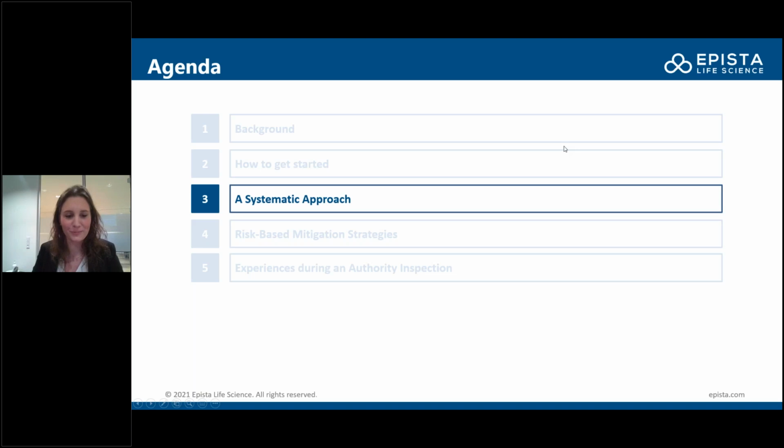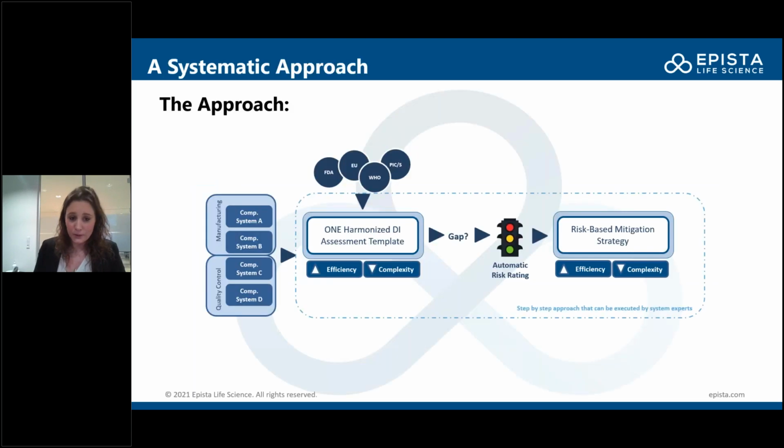So enough on the background as to how to get started and what to think about before you go to your shop floor, look at your systems and do the assessment. But when you do, and this is now coming from our case study here, the idea was to develop a systematic approach that you can use for computerized systems independent of where they are coming from.